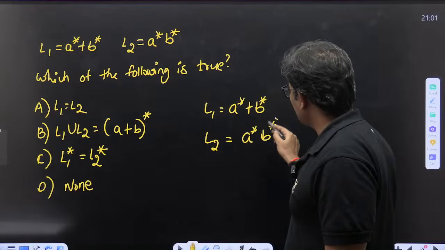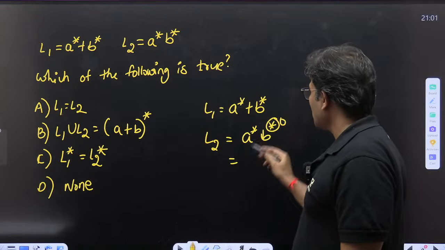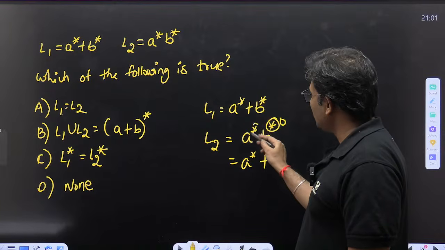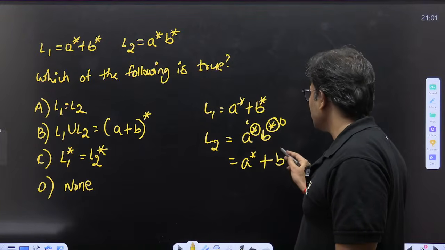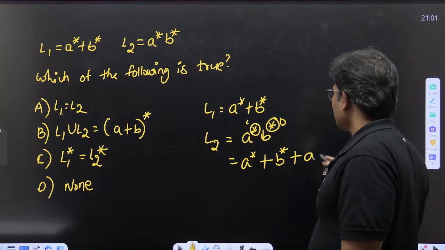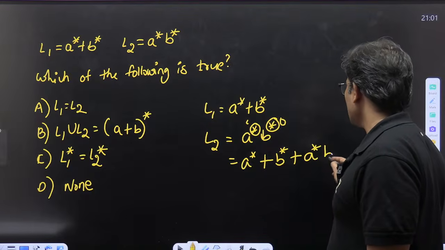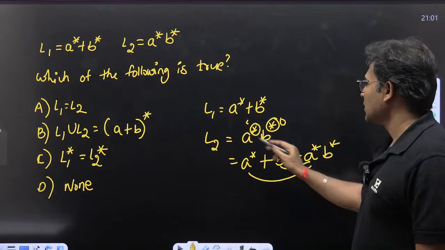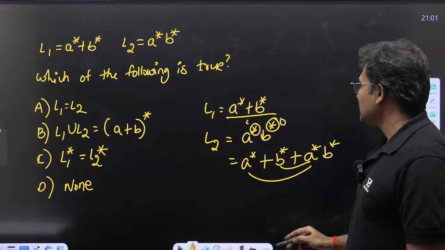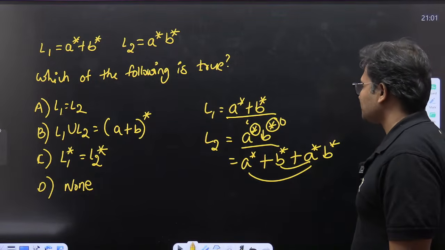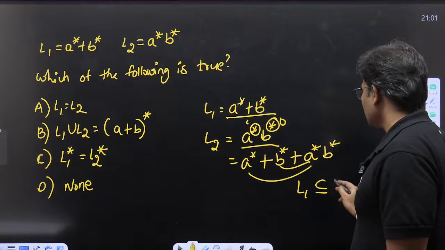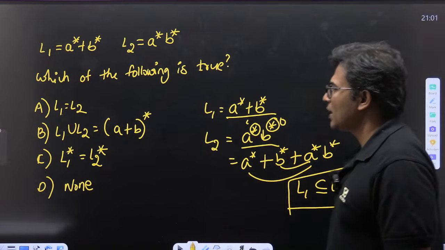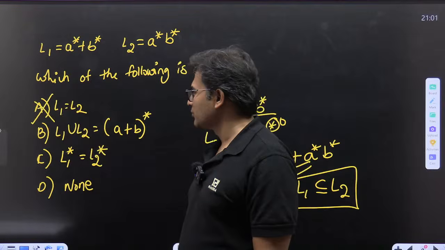If I put a 0 here, I will get A star, plus if I put a 0 here, I will get B star, plus A star B star is also any number of A's followed by any number of B's. So these two are already included. L1 is a subset of L2, right? So L1 equal to L2 is wrong.